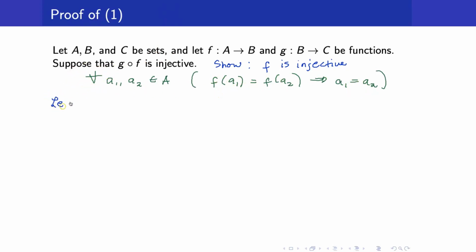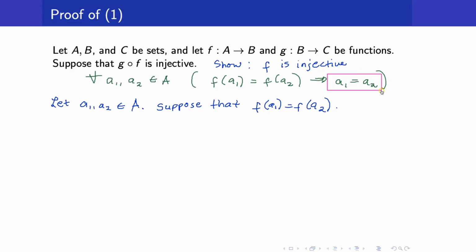So we have, let a1 and a2 be elements of A, and we are supposing that f of a1 is equal to f of a2. Okay, how will we now use the fact that g circle f is injective? Remember that we want to go here. This is our goal.